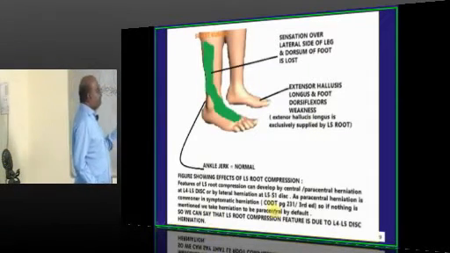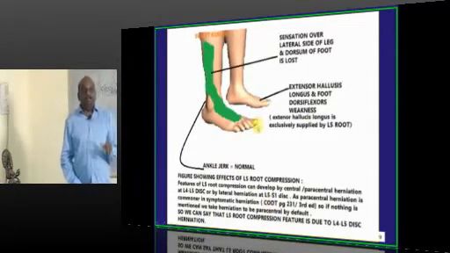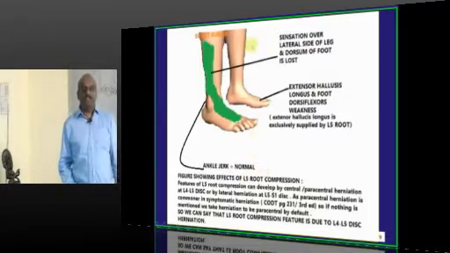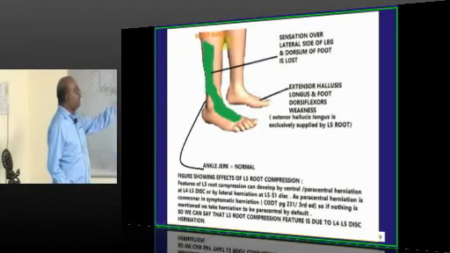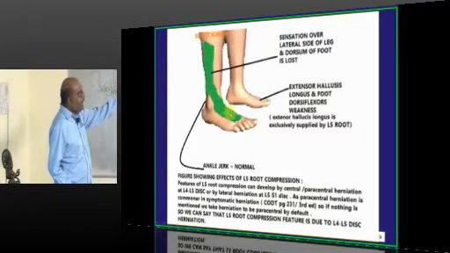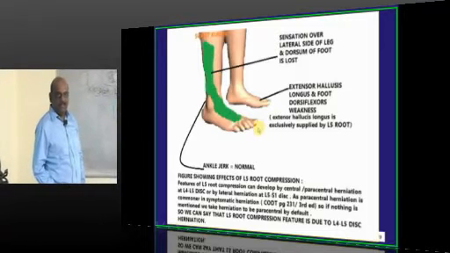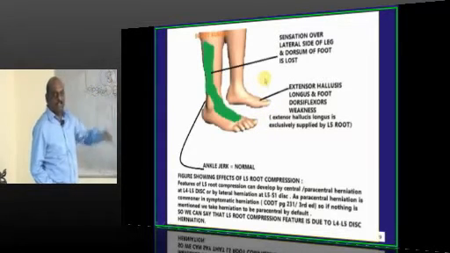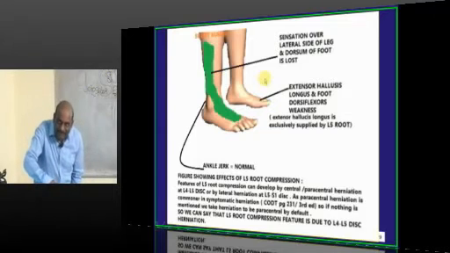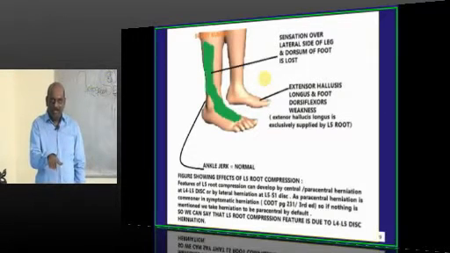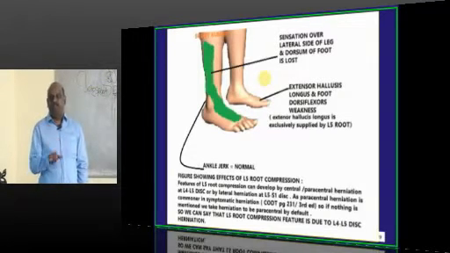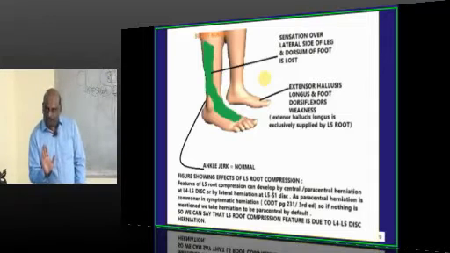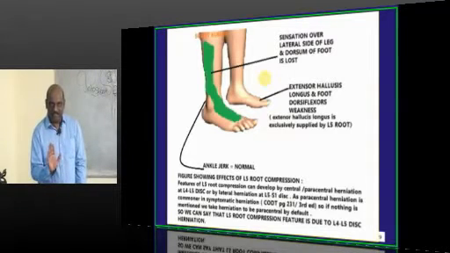Now, one of the favorite question, L5 root compression hai to what are the features? The sensation on the lateral side of the leg and the dorsum of the foot is lost. Then the extensor hallucis longus and the foot dorsiflexors. Dorsiflexion, plantiflexion. दो तरह के होते ना, तो dorsiflexors become very weak. The patient cannot lift the foot up. Dorsiflexors are weak.